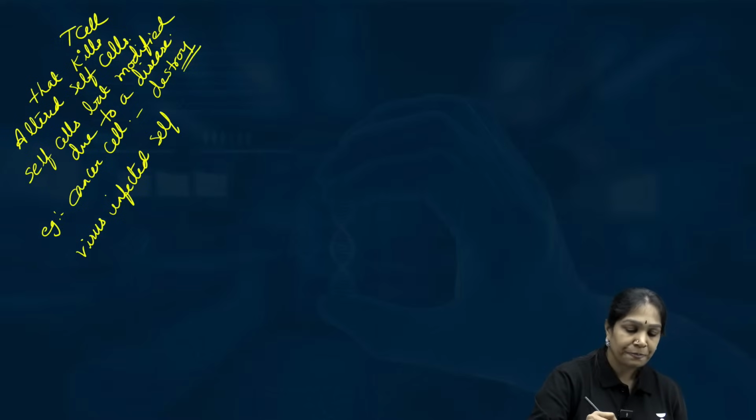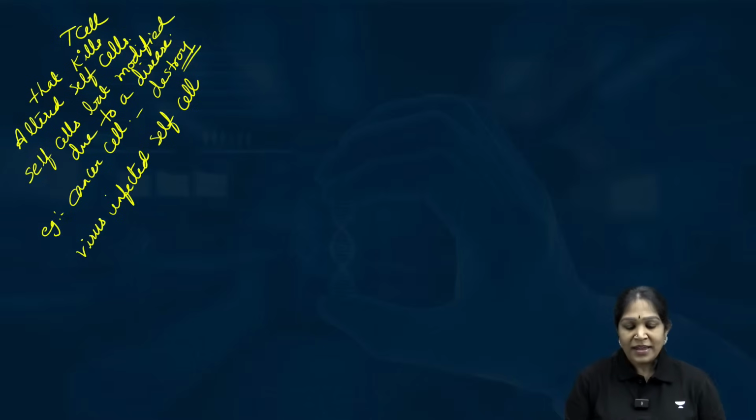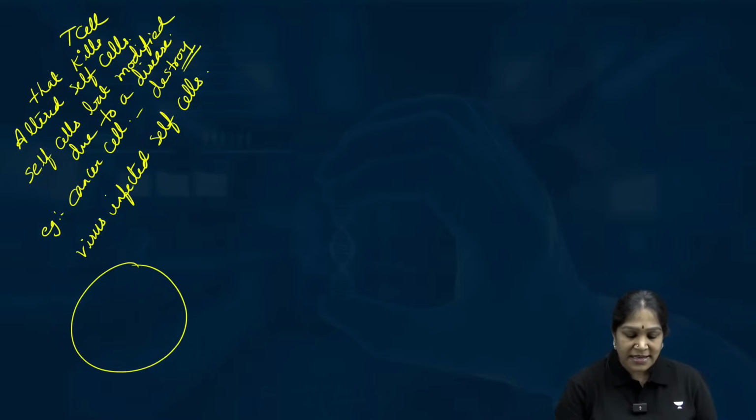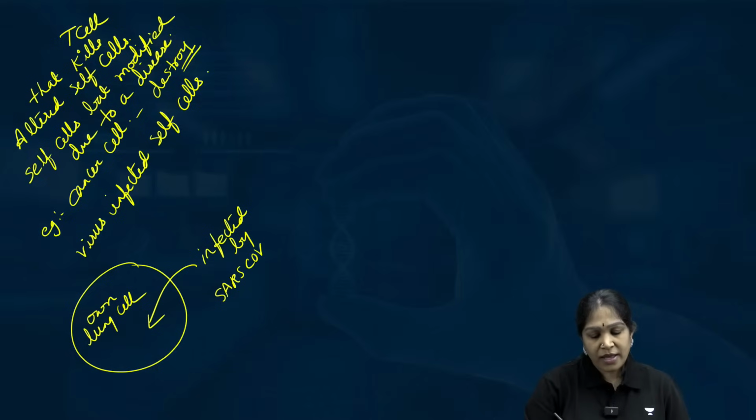One more example is virus infected self cells. Like, let us suppose this is our own lung cell. This is my own lung cell. But this is infected by SARS-CoV-2, the coronavirus.